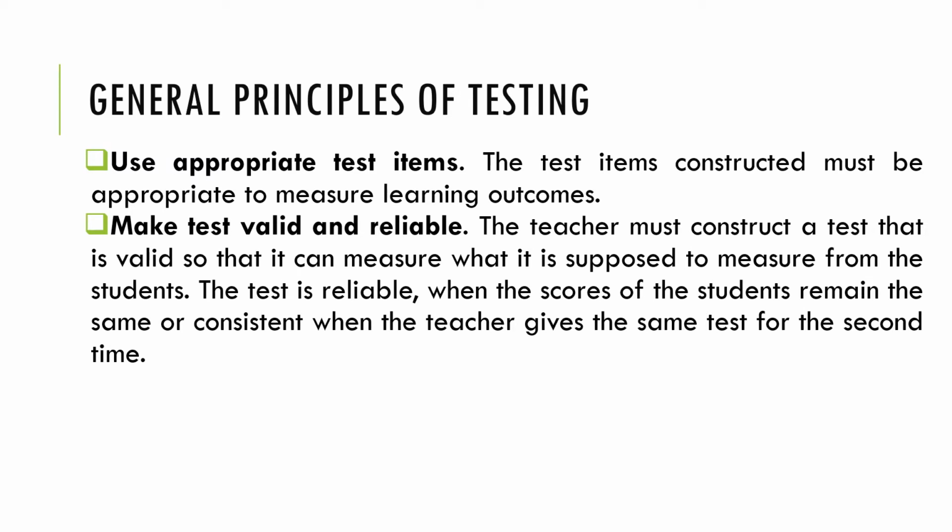If you compare the two sets of scores, set A and set B, and you notice that they are the same or have consistency, meaning to say the exam is reliable. I hope you get it.